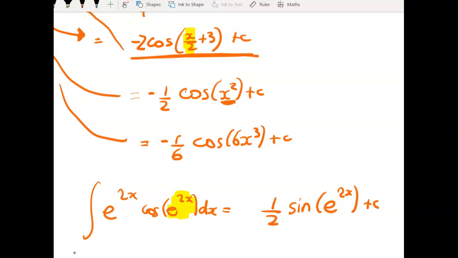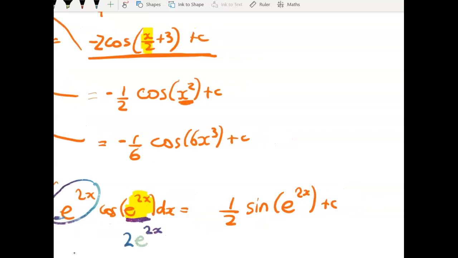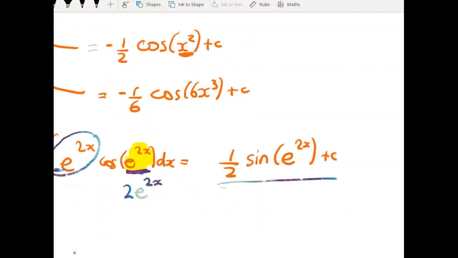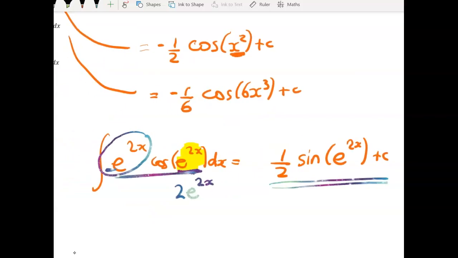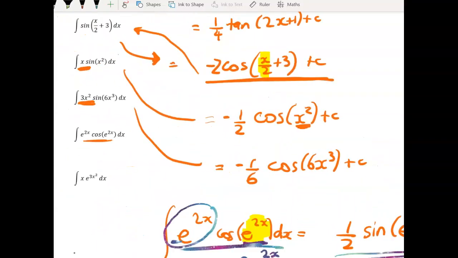I need to have a 1/2 here. Right, so e to the 2x differentiates to give me 2e to the 2x. But I don't want 2e to the 2x, I just want 1e to the 2x. And as usual, we can check this by differentiating it at the end and seeing that we get back to this.